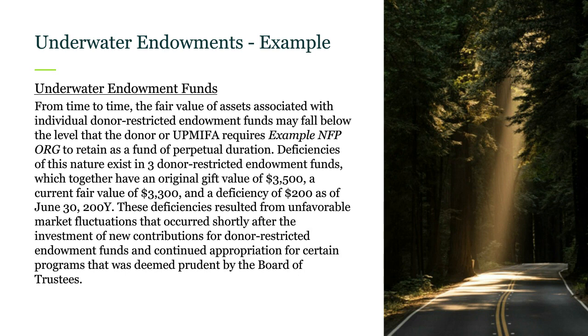So here is where we disclose the aggregate original gift value, which is $3,500, the current value, which is $3,300, which results in a deficiency of $200 as of the current year end. And then we can go on to say that the deficiencies occurred such as from unfavorable market conditions and continued appropriation for certain programs that was deemed prudent by the Board of Trustees.